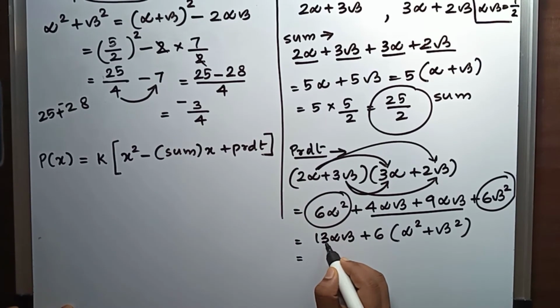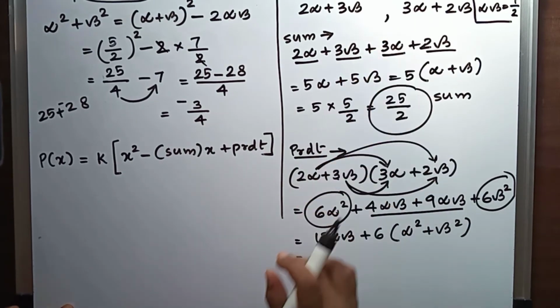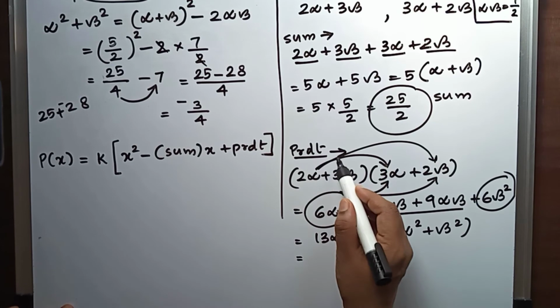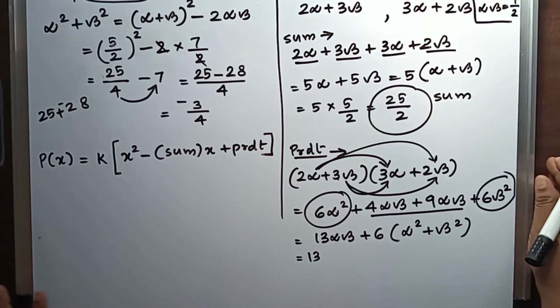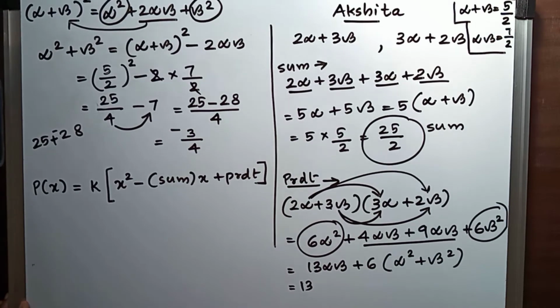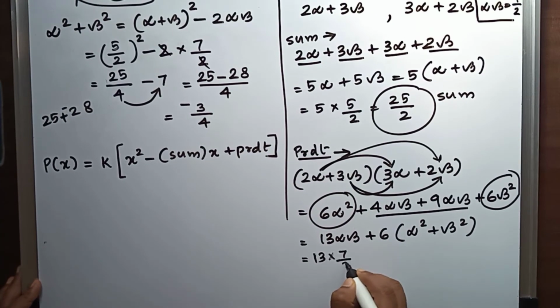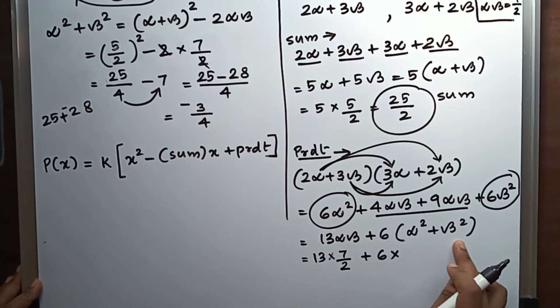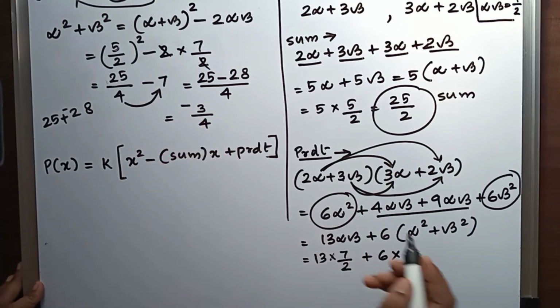Okay. So we were finding the product of zeros of this required polynomial. Okay. Product of zeros of the required polynomial. 13 alpha beta. What is alpha beta? Yes, we have already calculated it as 7 by 2. So we are going to give that value here. 13 into 7 by 2 plus 6 into alpha square plus beta square. Now we have just arrived, see, minus 3 by 4.